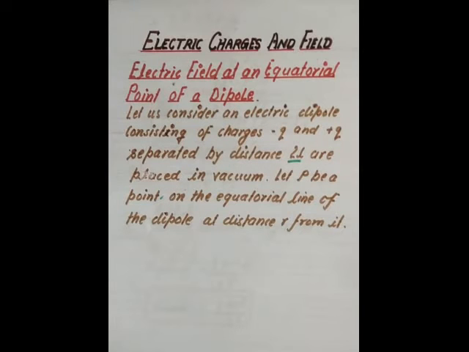Let P be a point on the equatorial line of the dipole at distance r from it. First of all, we can make the diagram of the equatorial position.